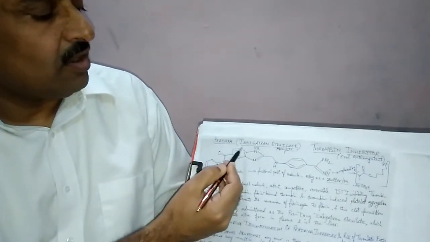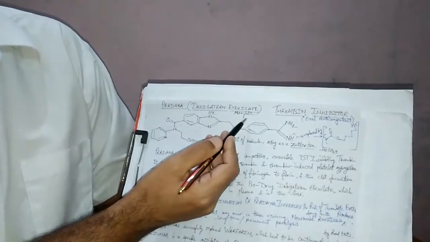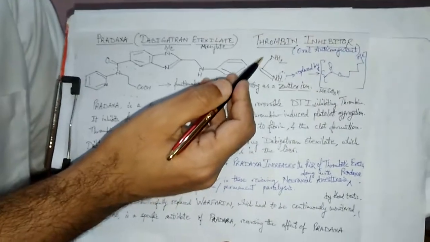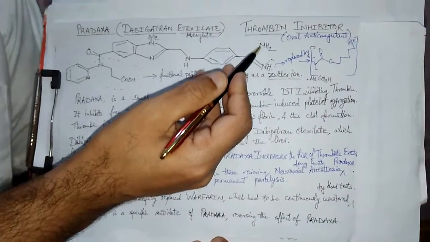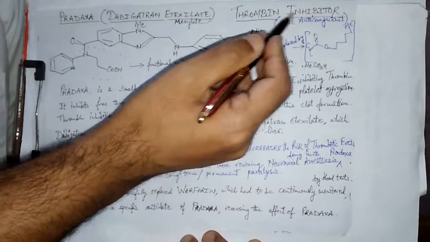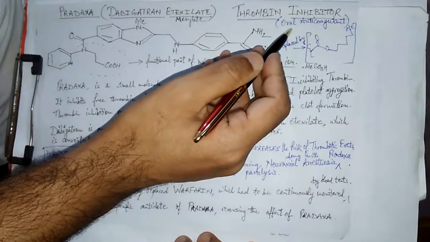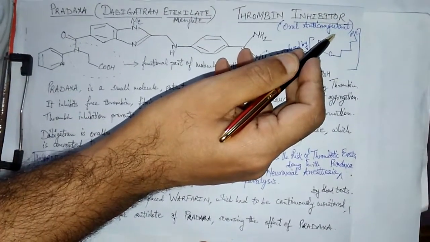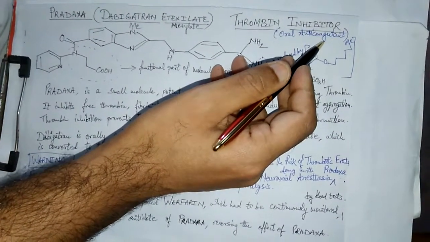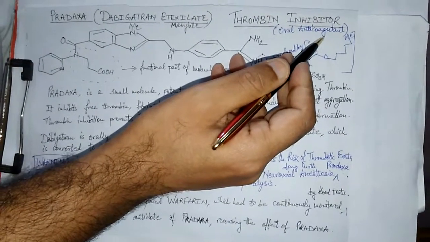Now Pradaxa or dabigatran etexylate with its mesylate salt, how this drug works or how it elicits its effect as an effective thrombin inhibitor or as an oral anticoagulant, which has successfully replaced the hallmark drug in this category, which is warfarin.